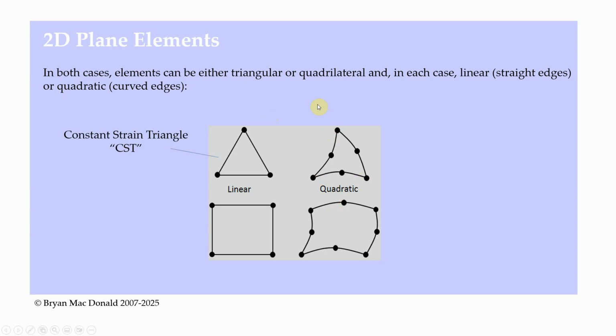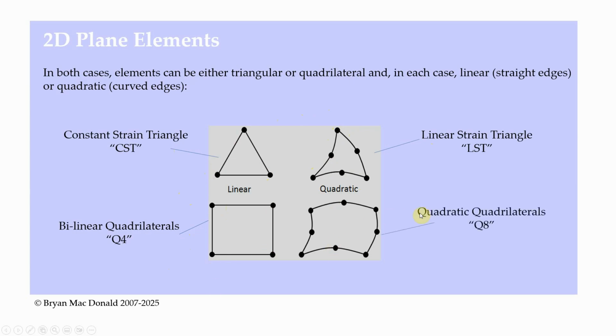The one we're dealing with in this video is called a constant strain triangle. It's a 3-node triangle with straight edges. You can also have a linear strain triangle, which is a 6-node triangle with curved edges. You can have a bilinear quadrilateral, also known as a Q4, which has 4 nodes and straight edges in between those.